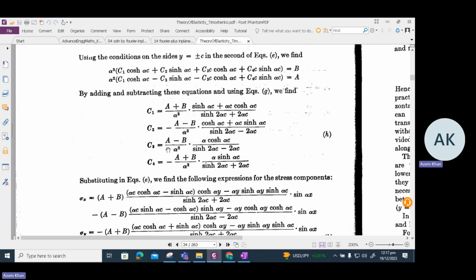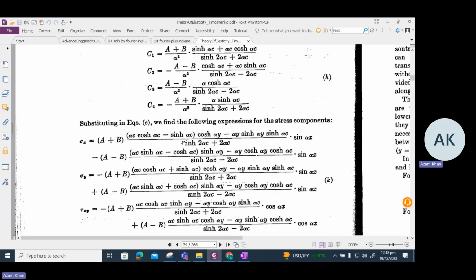C3 comes out to be minus (a minus b) by alpha squared times alpha cosh alpha c divided by (sinh 2 alpha c minus 2 alpha c). C4 is equal to minus (a plus b) by alpha squared times alpha sinh alpha c divided by (sinh 2 alpha c plus 2 alpha c).